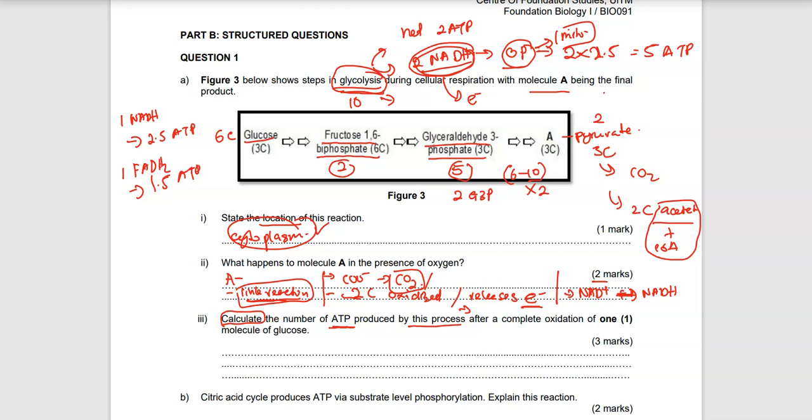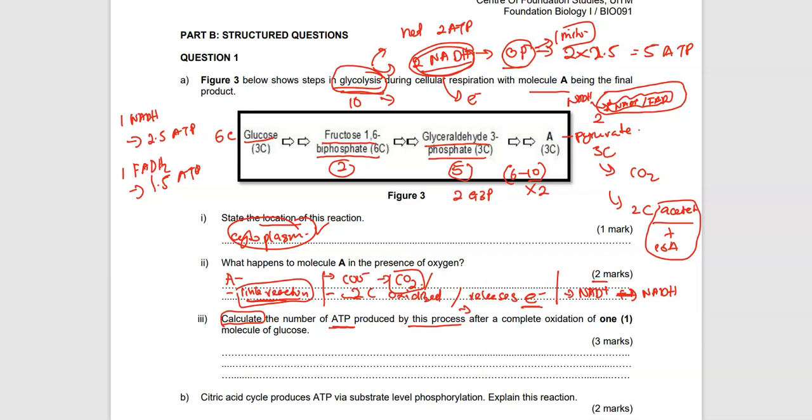For example, here you have a mitochondria, and this is the inner membrane, and outside you have NADH. So the NADH will have to pass its electron to the electron shuttle, and the electron shuttle will pass the electron to either NAD plus or FAD molecule inside the matrix of mitochondria.